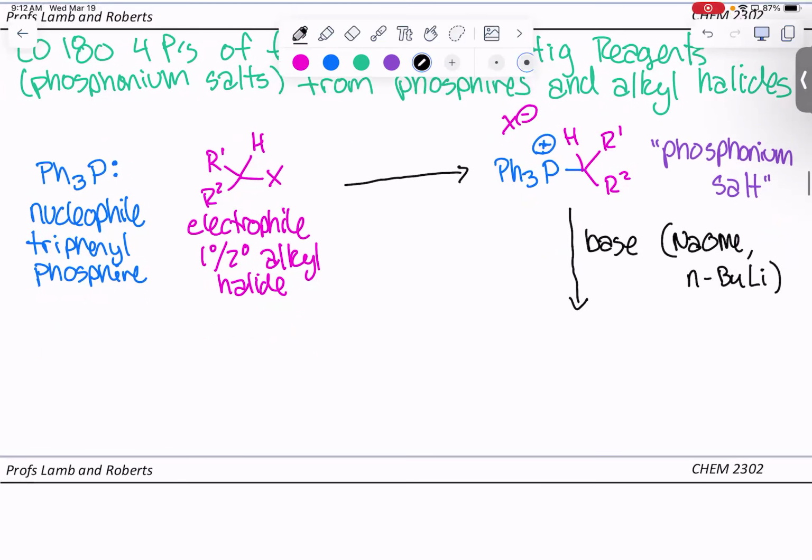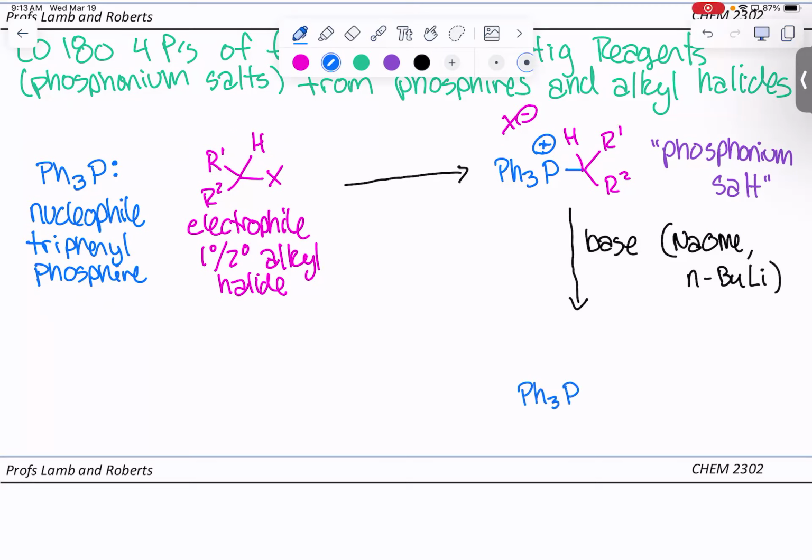We have that CH bond, and this CH bond is now pretty acidic. Normally we don't deprotonate too many CH bonds, but this one's acidic because it is in the position next to this charged phosphine. When we have that charge, that electron density is being pulled away, so it becomes quite acidic. So then what we get out is that deprotonation.